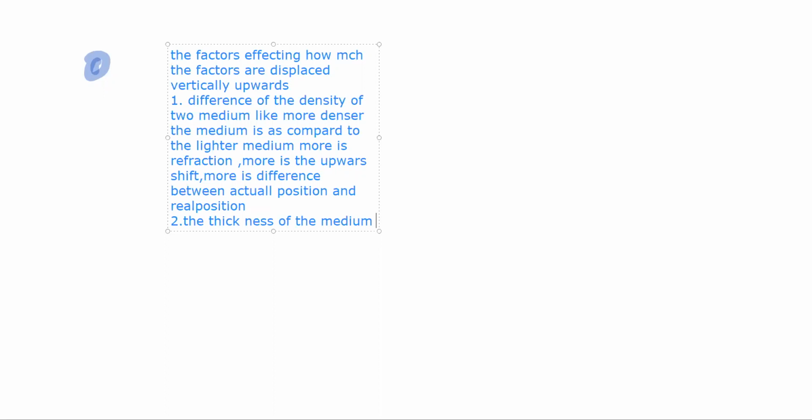So it is directly proportional. They are directly proportional. Please note down this. So that means thicker the glass block. Have you ever observed, you put a glass block over a printed surface, no? And you find that printed objects seem slightly displaced, isn't it?